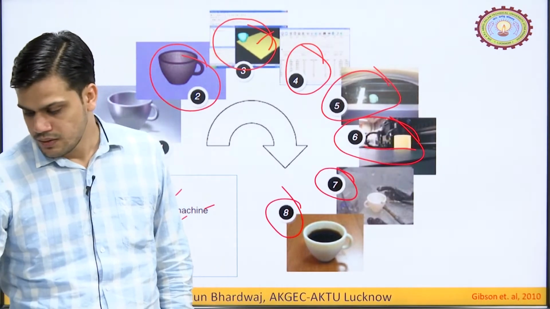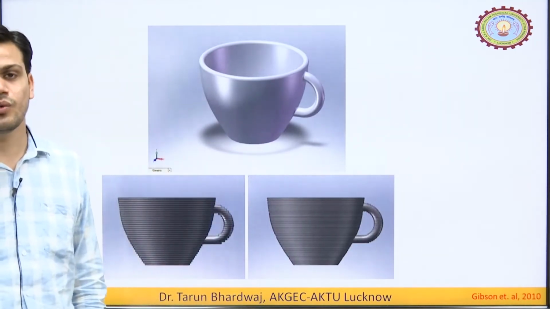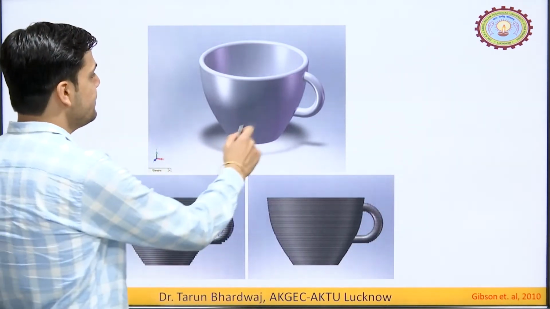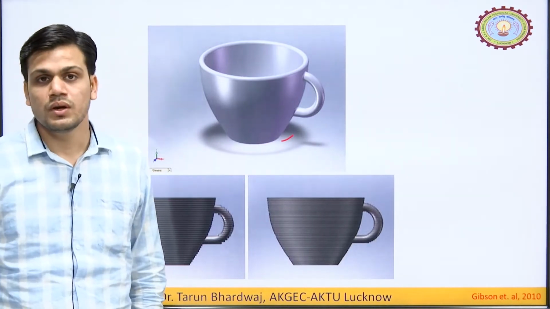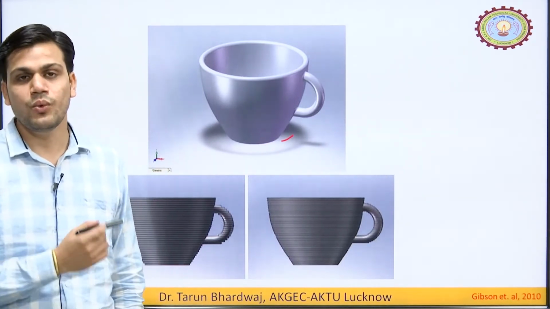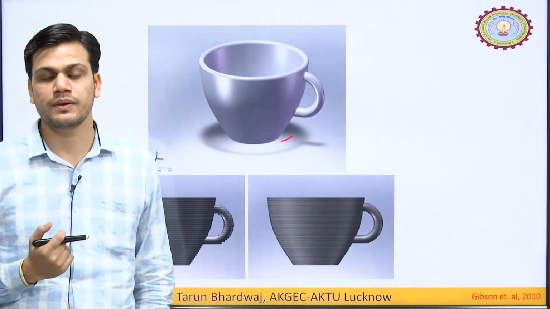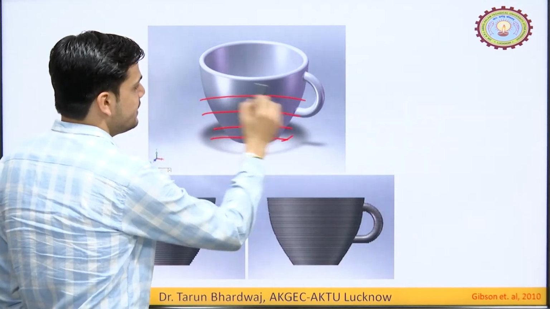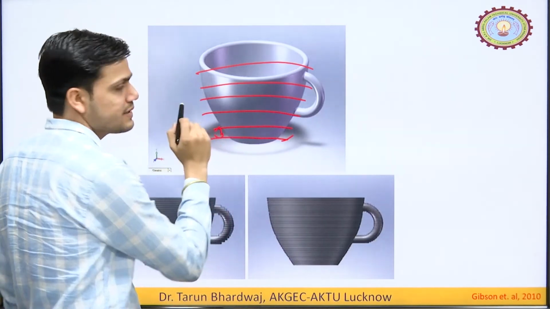Now I will talk about this STL file. So what is the STL file? The STL file is nothing but your 3D model. You have to divide that 3D model into 2D layers, and each layer has some thickness.